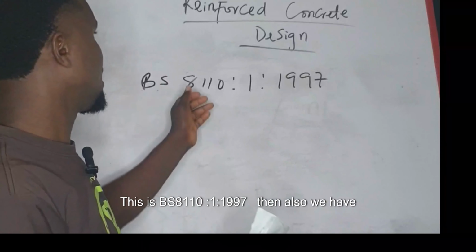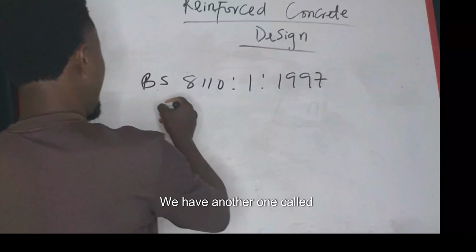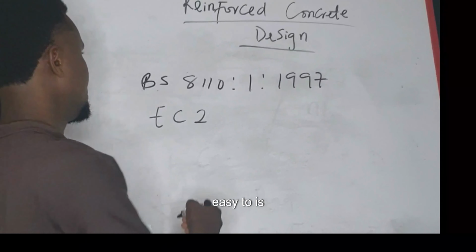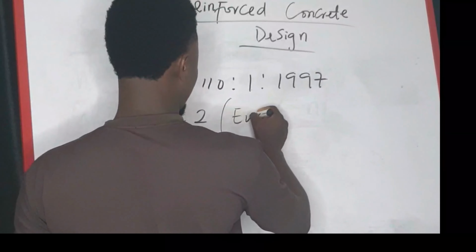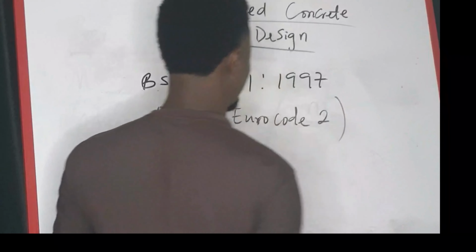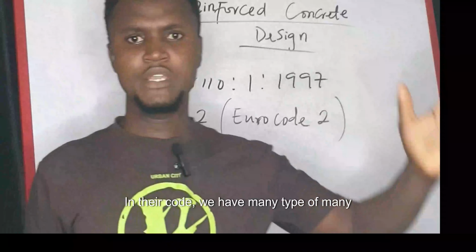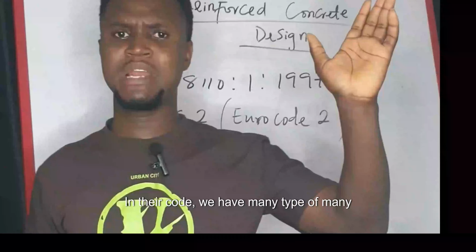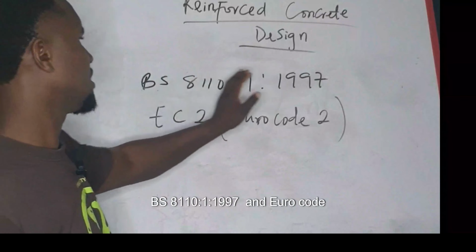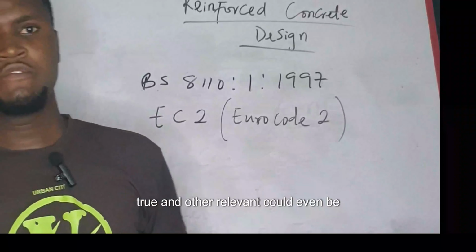Then also, we have another one called EC2. EC2 is Euro Code 2. We have American codes, we have Indian codes, we have many types of code. But for this course, we're going to be looking at BS 8110 Part 1 1997 and Euro Code 2 and other relevant codes if need be.